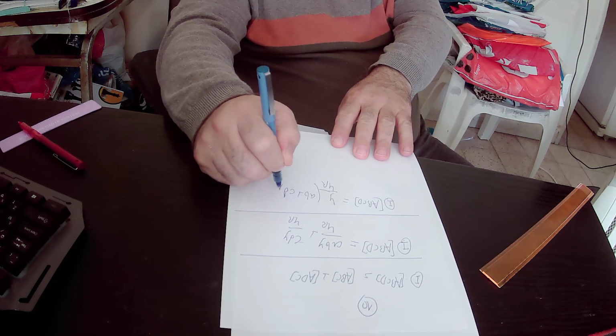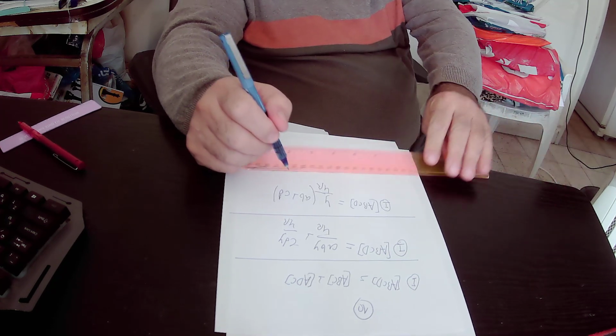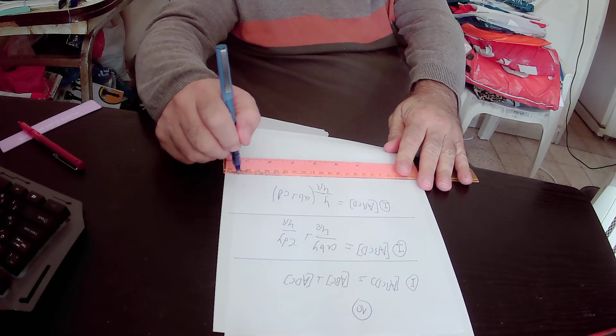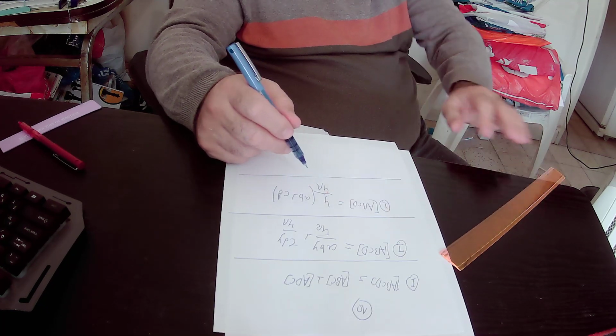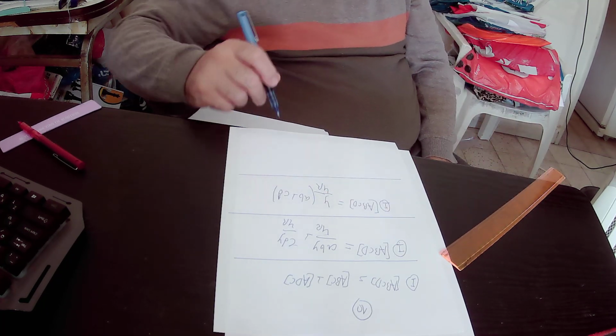So we found out that the area of quadrilateral ABCD equals y over 4R times (AB plus CD).